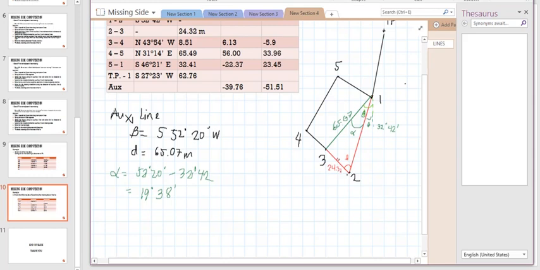Okay, we can compute for this angle using sine law.